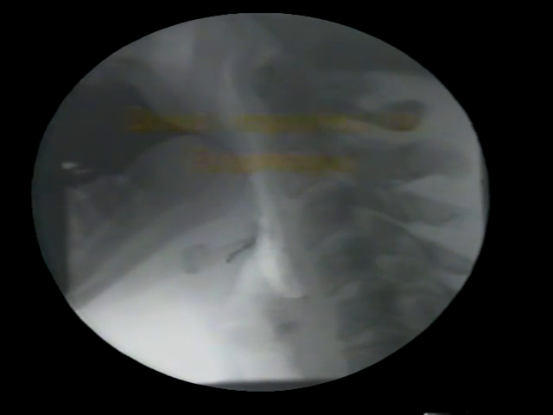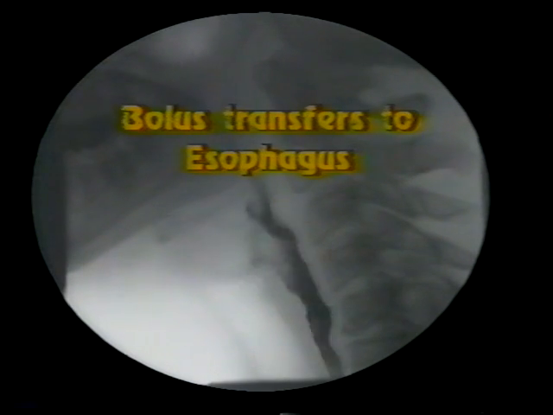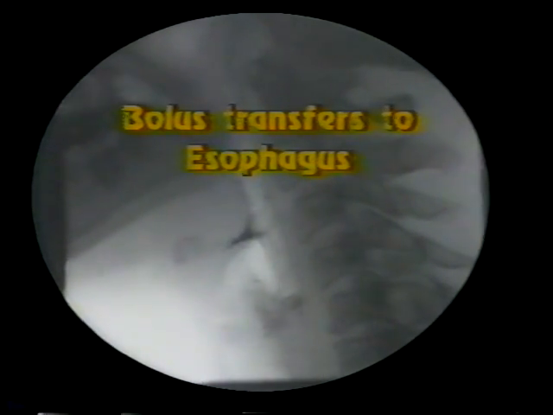Ideally, at this time, there is timed relaxation of the inferior fibers of the cricopharyngeus muscle, which take place as the bolus, which was carried down the oropharynx and the hypopharynx, reaches the esophagus.